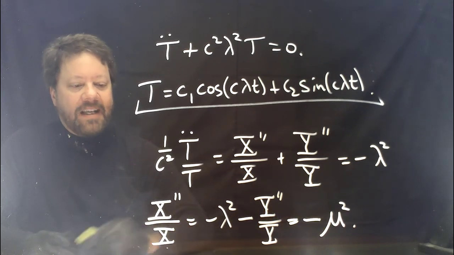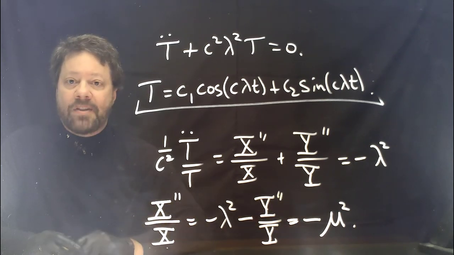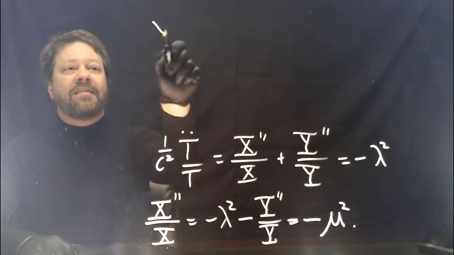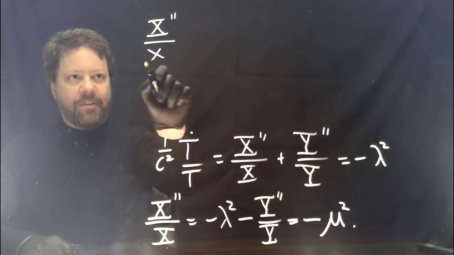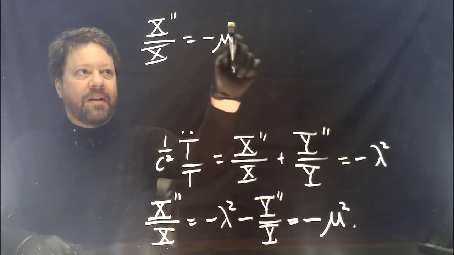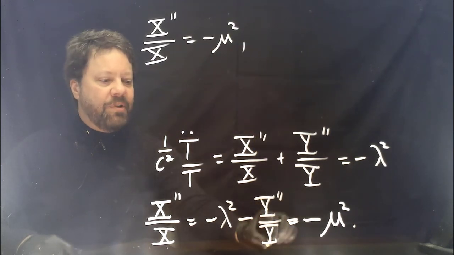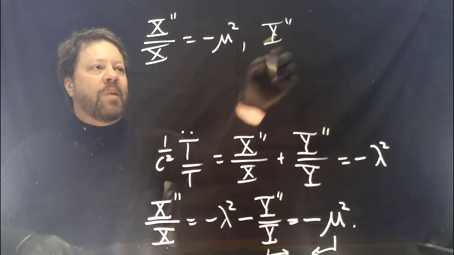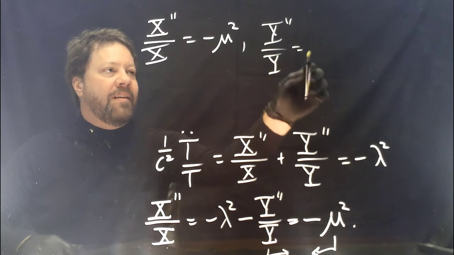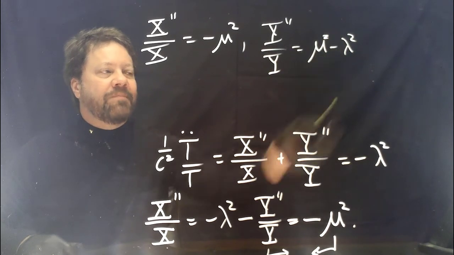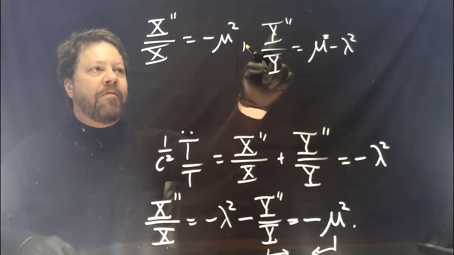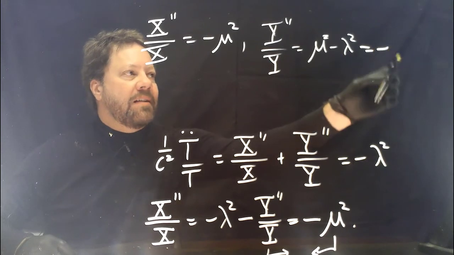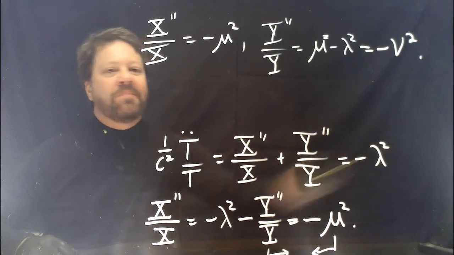We deduce then that x prime prime over x is minus mu squared for some constant mu. But the next equation, moving this over here and that over there, gives y prime prime over big Y is mu squared minus lambda squared. Again, for the same reasons as before, we require this to be a negative constant. Let's say negative nu squared.